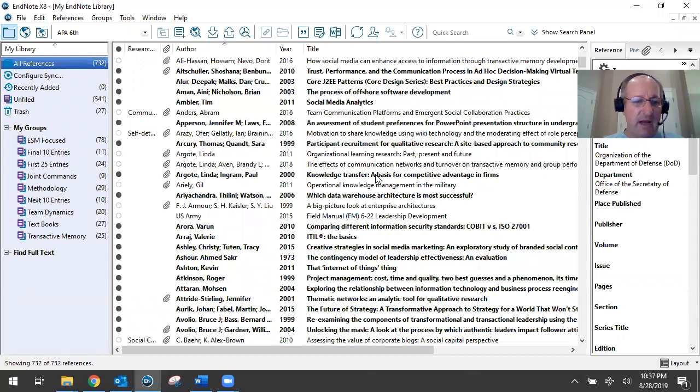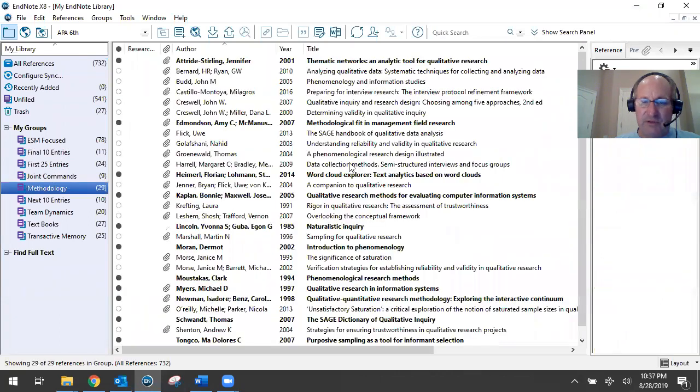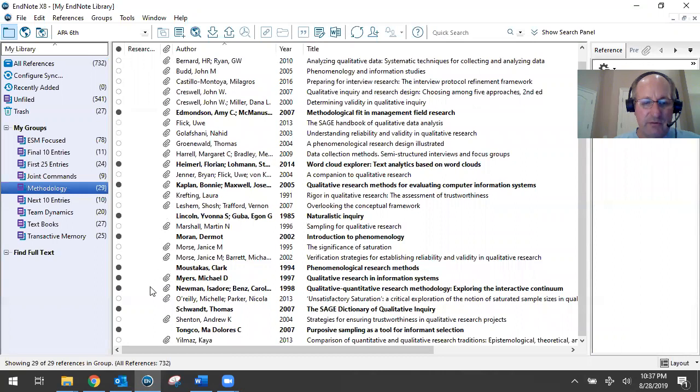So anyway, that's the library, and one of the nice features is that you can create groups or folders to organize your references. Like here, I have 29, and I have full text. If you see the paperclip here, that means I have the PDF for that reference loaded.